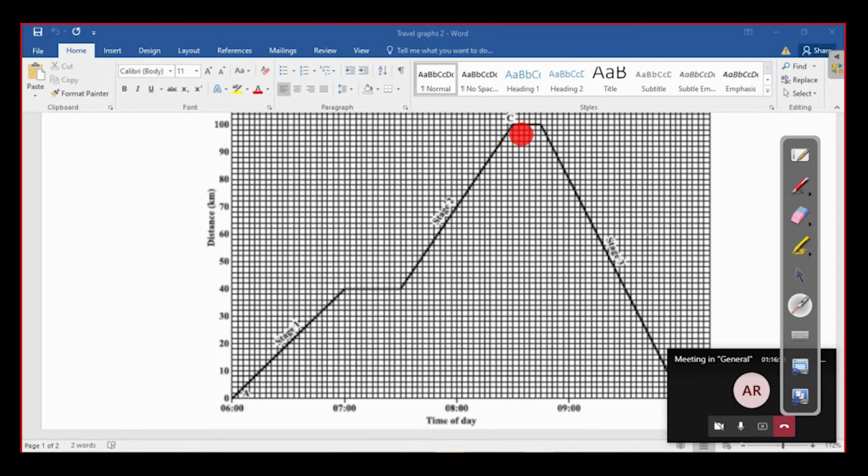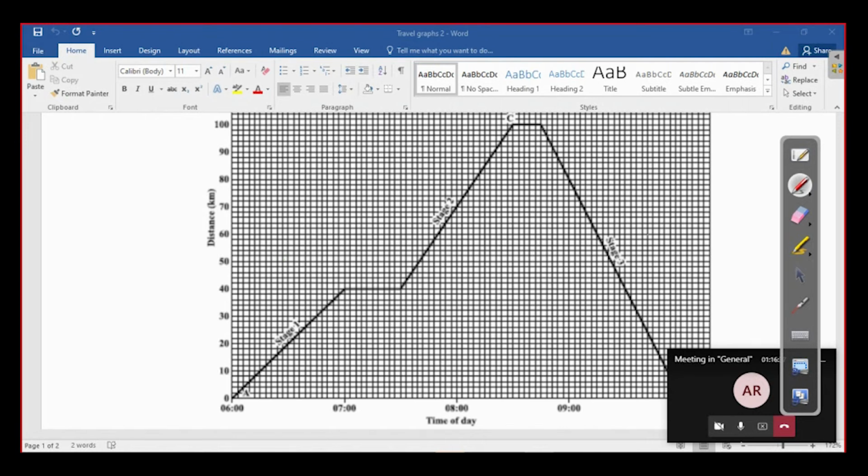So if we wanted to interpret the graph to determine at what time the person would have arrived at town C, we need to read our graph and check off on the x-axis where that time will correspond to arriving at town C.